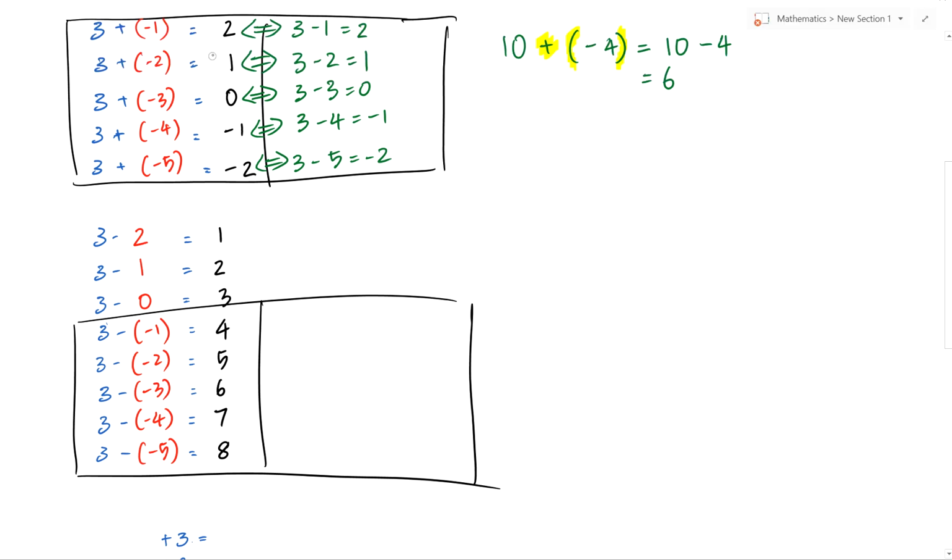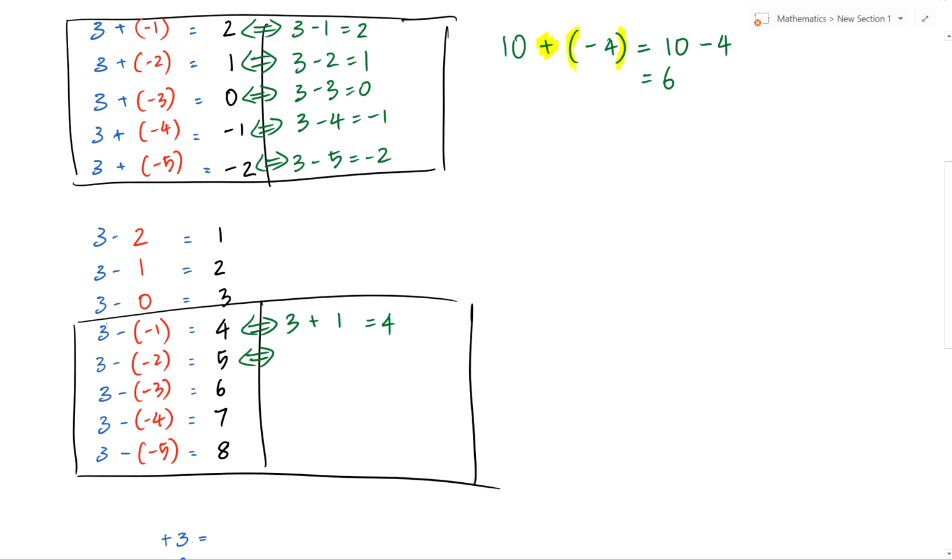Apparently, 3 minus negative 1 is 4. Well, let's just put in a blank over here. What should go into this blank to make it equal to 4? One of the options is 3 plus 1 equals 4.